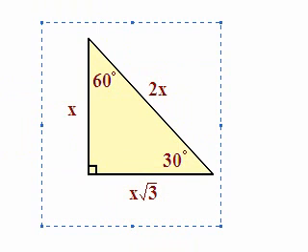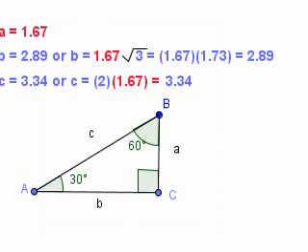Let me demonstrate that with this following clip here. As you can see, the side opposite the 30 is 1.67. The side opposite the 60 is 2.89, and you would expect the side opposite the 90 to be bigger, and it is. But observe the pattern here.